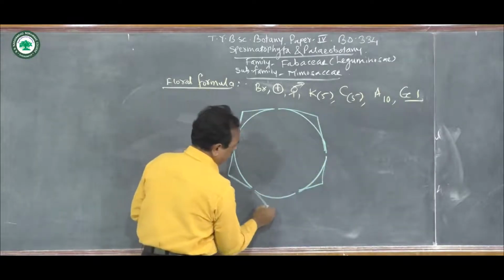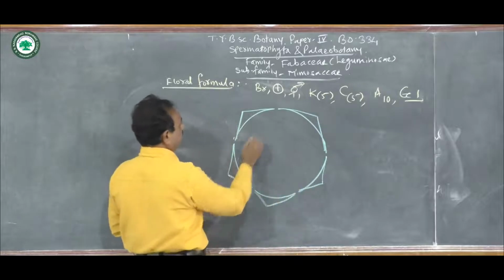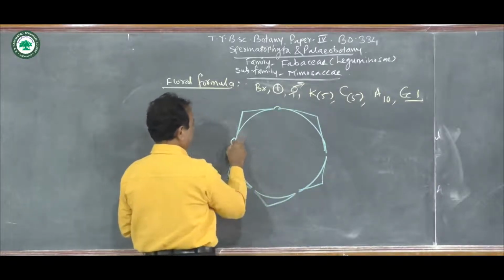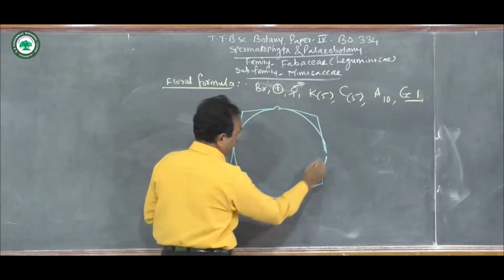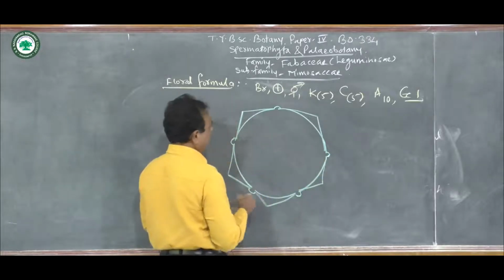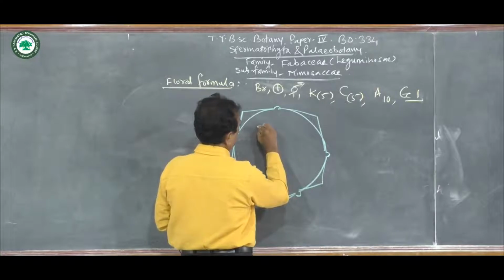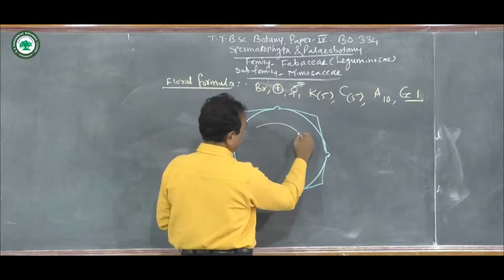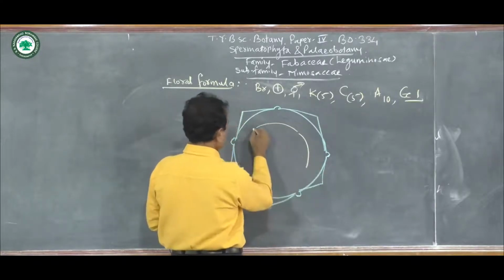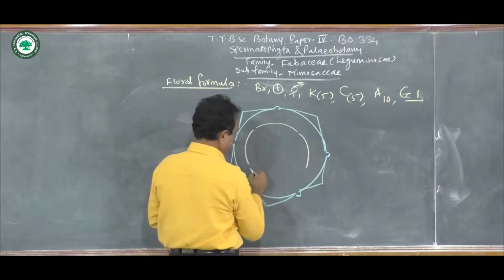here these are the 5 sepals. The sepals are united, present in the valvate type of estivation. Here there is the presence of the corolla showing the 5 petals.